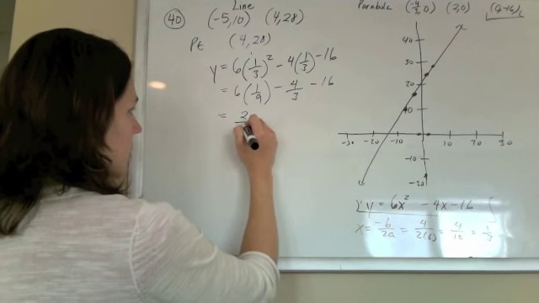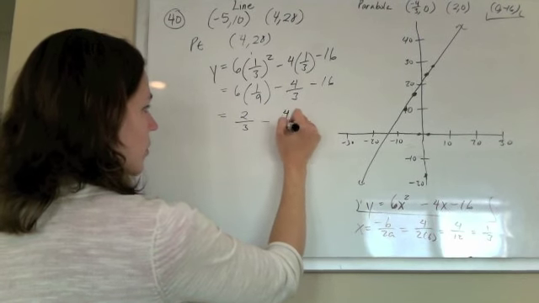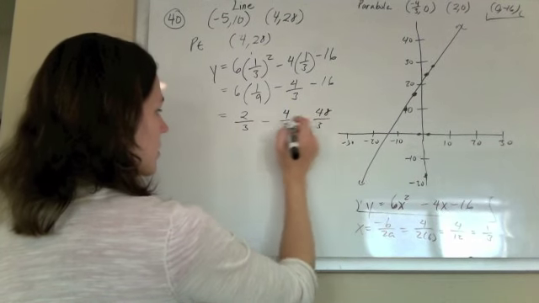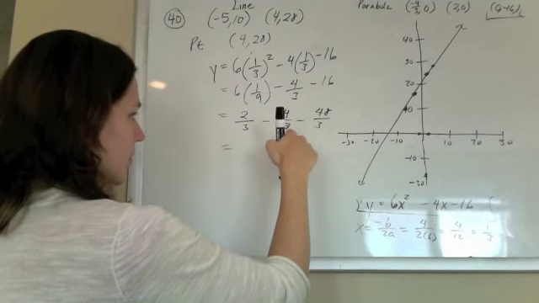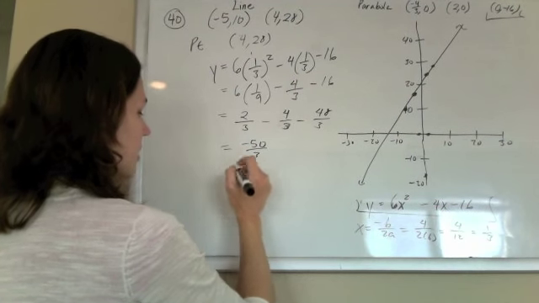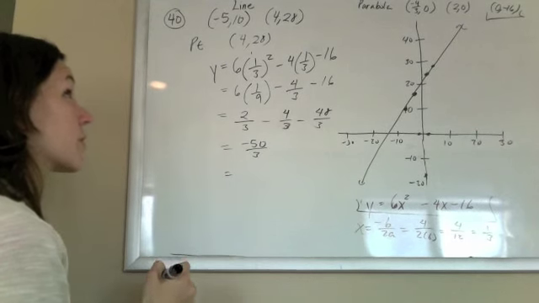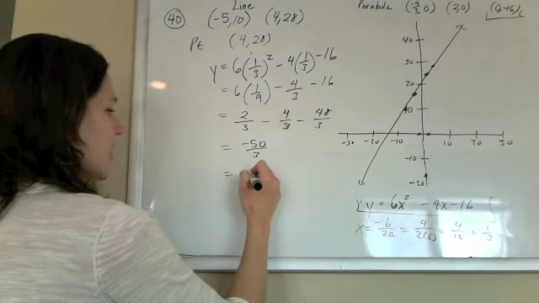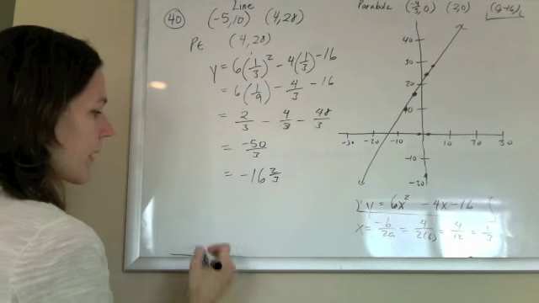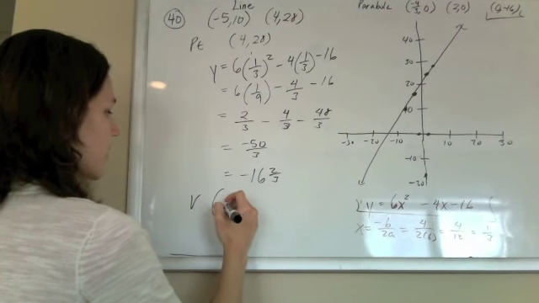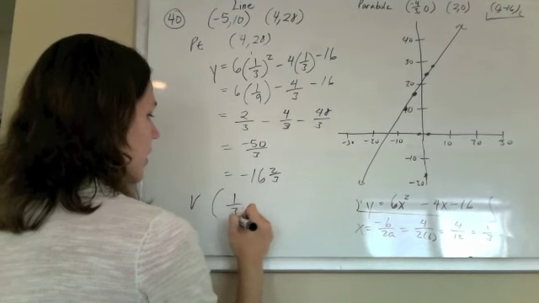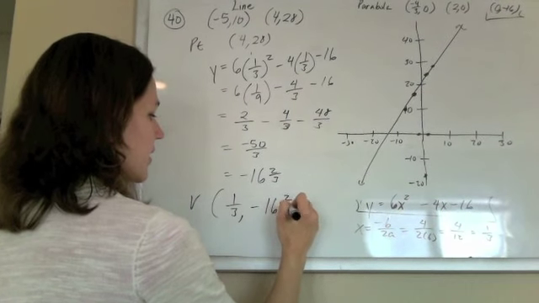That's 2/3 minus 4/3. And 16 is 48/3. So 2 minus 4 is negative 2. Minus 48 is minus 50. So minus 50/3, which of course is not nice. What is that, like negative 16 and 2/3, I think? So my vertex: the x was a third, and the y is negative 16 and 2/3.